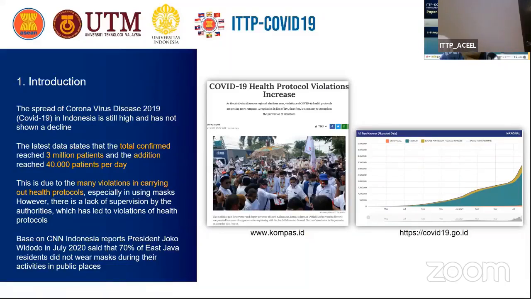However, there is a lack of supervision by the authorities, which has led to violations of health protocols. Based on a CNN Indonesia report, President Joko Widodo said in July 2020 that 70% of Java residents did not wear masks during their activity in public places.